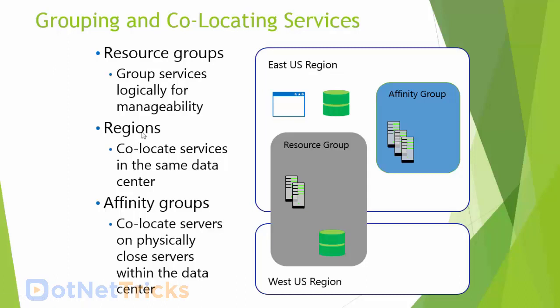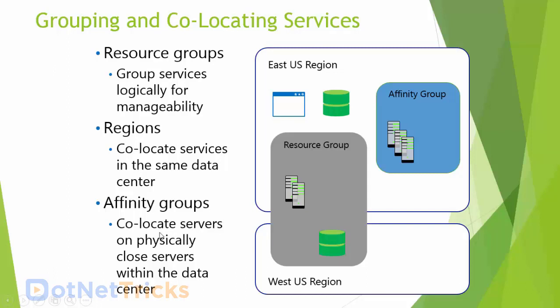For example, if you create a cloud service or virtual machine, you have to select one of the regions. After that, any services that come into that cloud are automatically part of that region. So region-wise is applicable by default, but a resource group you have to create whenever you are creating a web server linked with a database. That's the difference between resource group and region. Region is by default and resource group is for web servers.